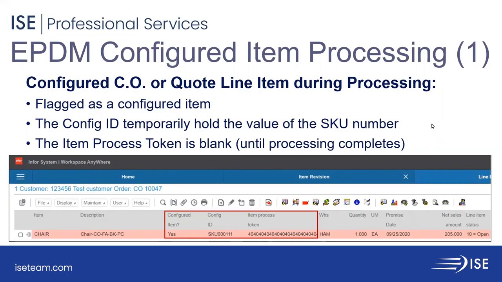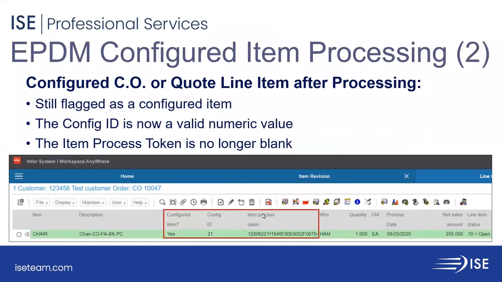Okay, but then hopefully not too long after that, you see this, and the presentation scheme is now green, and you still have the configured line item, but it now has a valid config ID, which is a sequential numeric value.